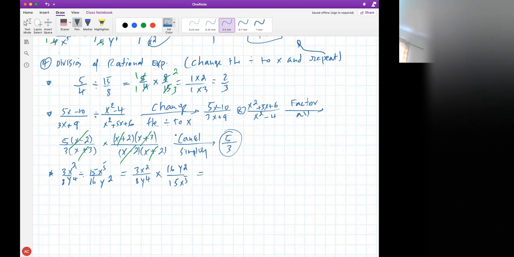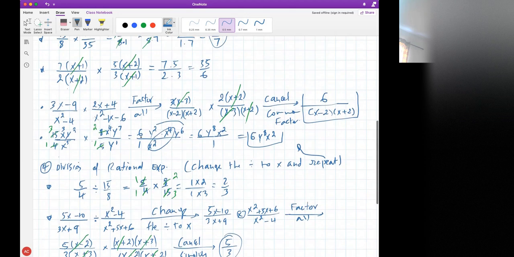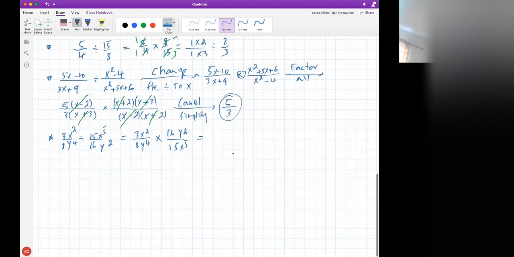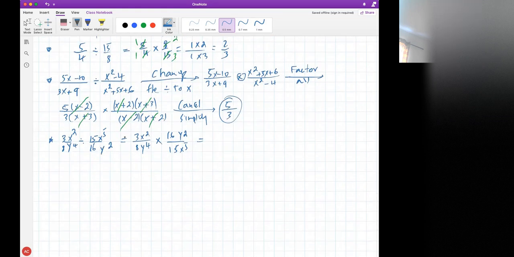So it turns into something like this, a multiplication of two expressions. What do we simplify here first? Everybody, what do we simplify before multiplying?